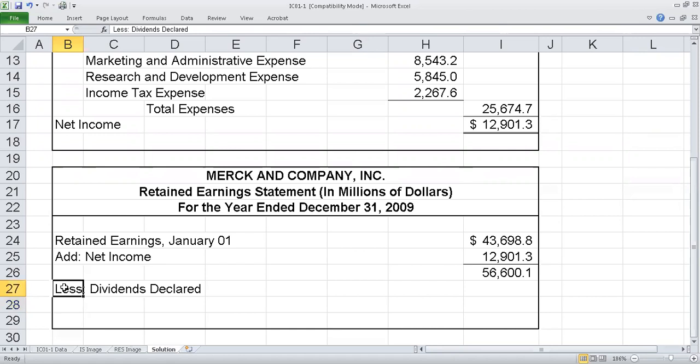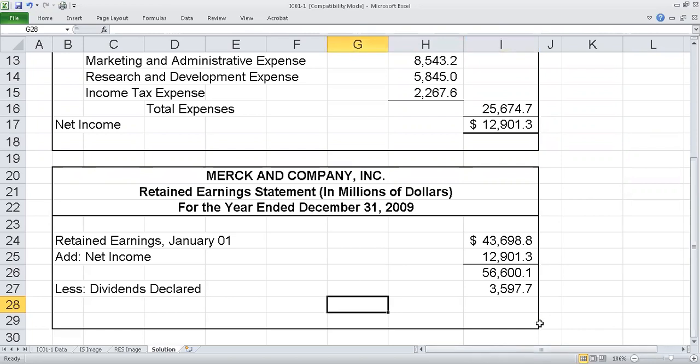I typically use dividends declared because that's how I learned it. All right, so our dividends declared, 3,597.7 in millions. Merck was actually pretty generous when it came to dividends. That's a fairly high dividend payout rate. They shared a lot of their profit with their shareholders.